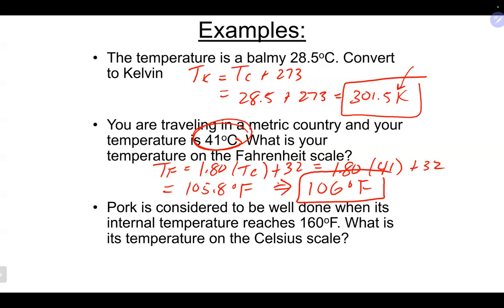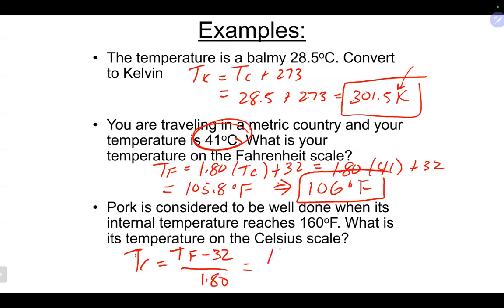Lastly, we're going from Fahrenheit to Celsius. So our temperature in Celsius is equal to our temperature in Fahrenheit minus 32 divided by 1.8.